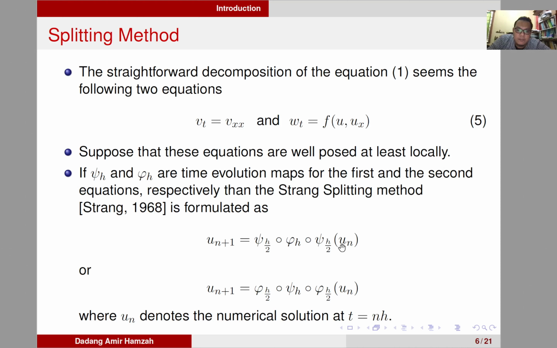As we can see, the Strang splitting method is a composition that maps u_n to u_{n+1}. This composition can be switched between psi and phi maps, where in here h is the time step.